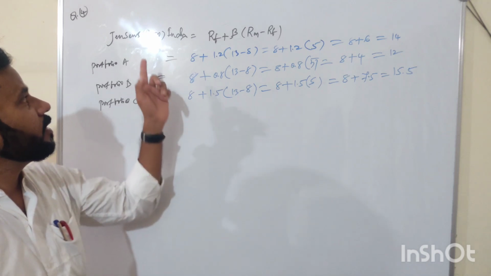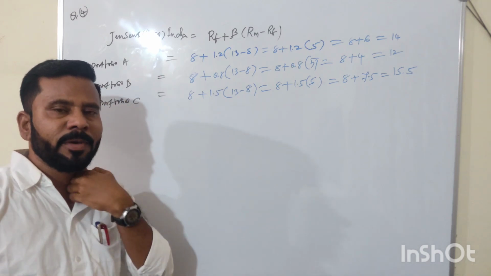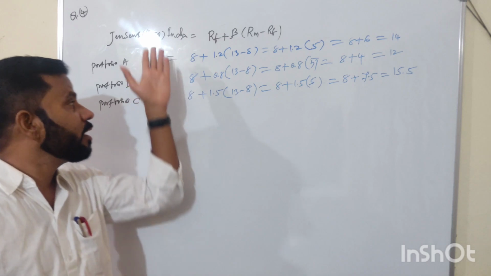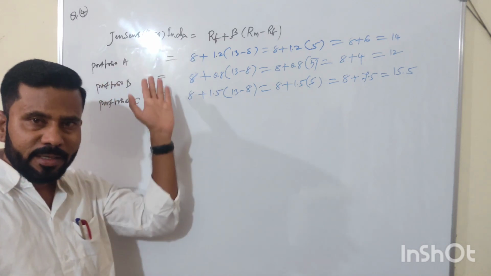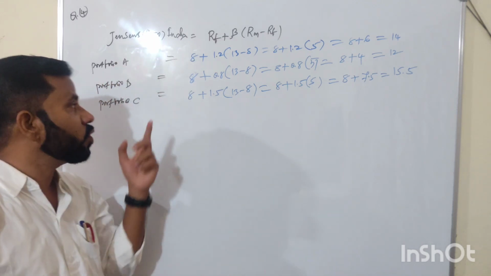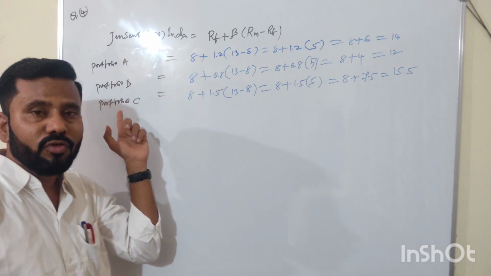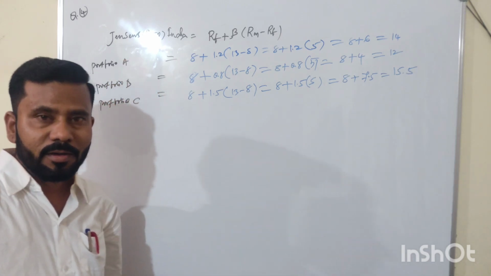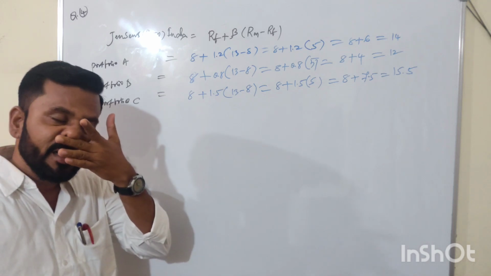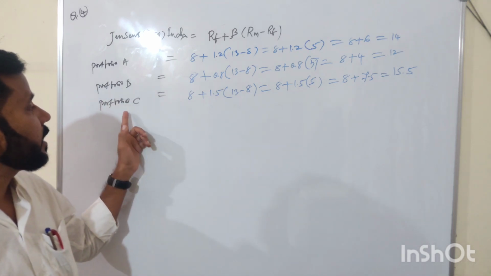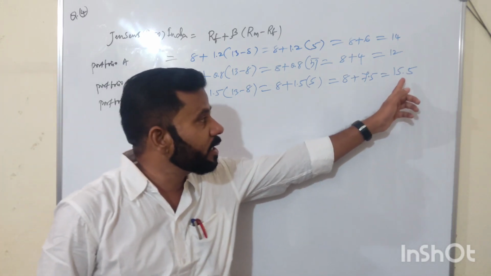So if anybody asks us to evaluate these three portfolios' performance and comment, definitely our answer should be that portfolio C is the better portfolio as per the Jensen's ratio.